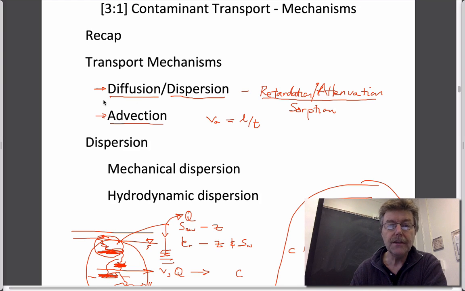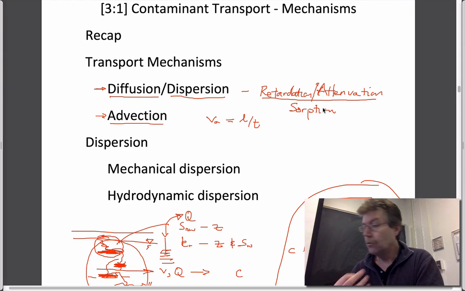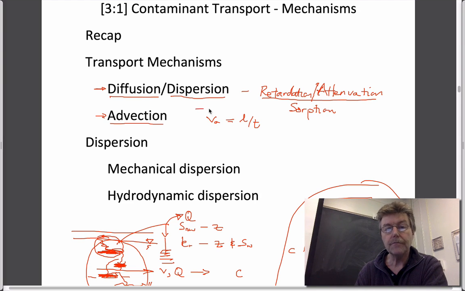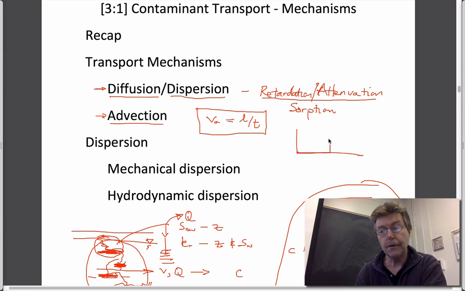And so both of these effects, diffusion and dispersion, to spread it out, and retardation and attenuation to remove it from the water and therefore lessen the concentration, will stop it from looking like what would otherwise just be plug flow. And so the plug flow would be just the stuff that you've been talking about before.